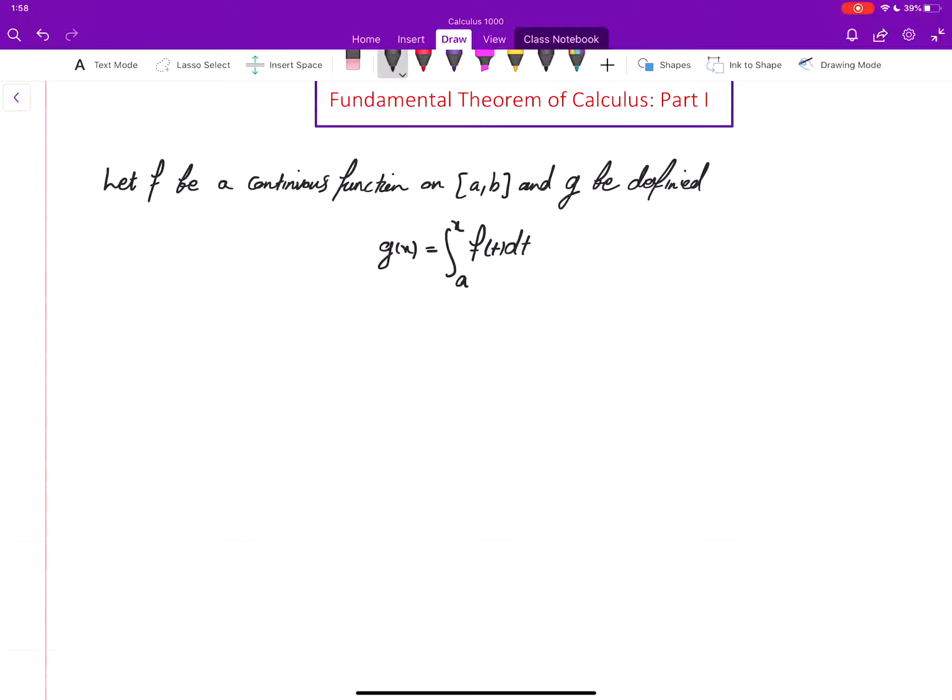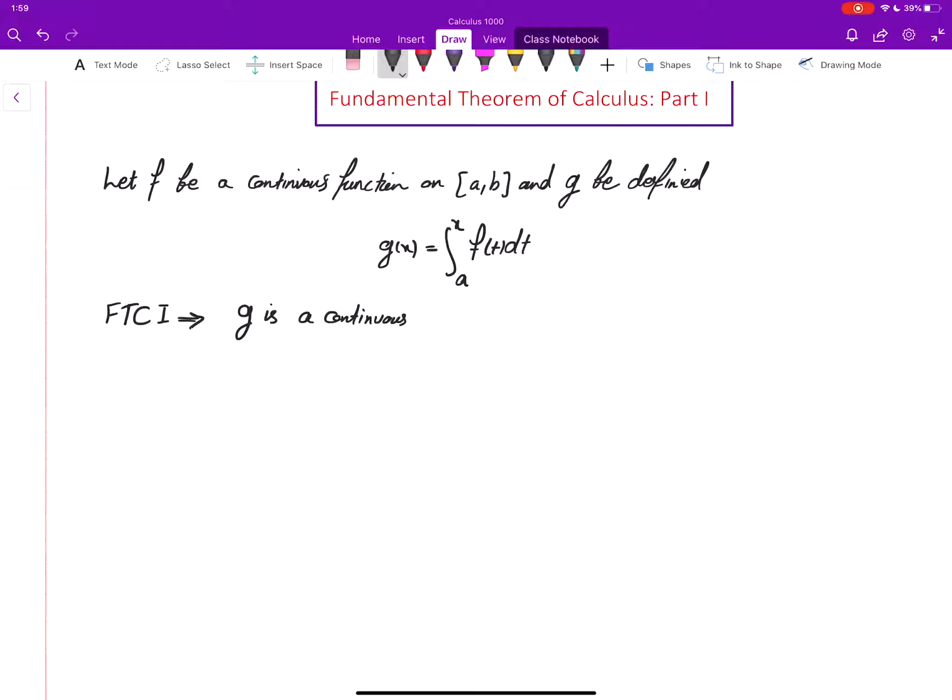The fundamental theorem of calculus says that, so FTC part 1, I'll write it like that, says that this g is a continuous function. There is a lot of information here. Don't worry about discontinuities.